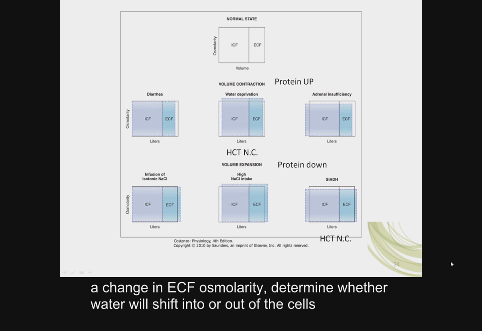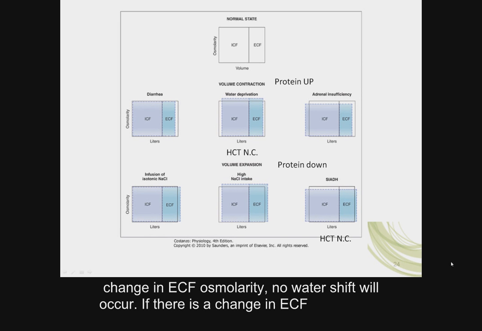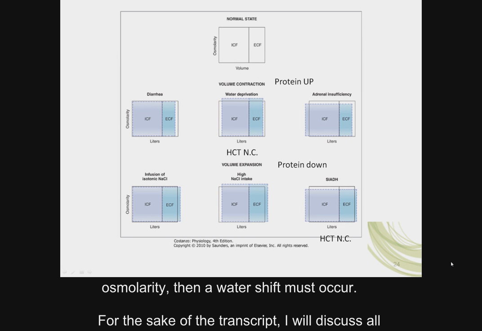If there is no change in ECF osmolarity, no water shift will occur. If there is a change in ECF osmolarity, then a water shift must occur. For the sake of the transcript, I will discuss all 6 of these conditions, but scattered between this slide and the next one.